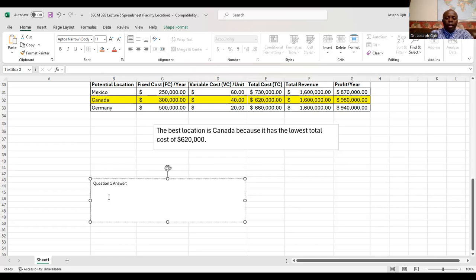Then you type your answer in, so that you can submit only one Excel file with all your work in one place. Alternatively, you can do the calculation in Excel, and then do the writing part in a Word document.